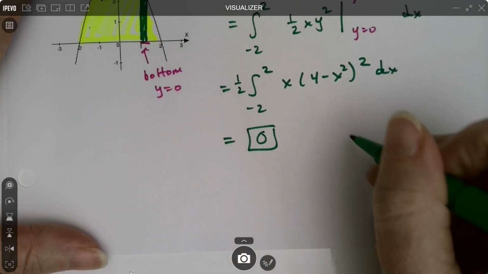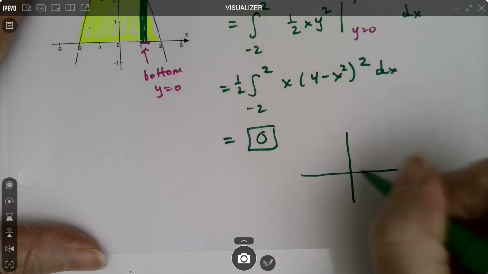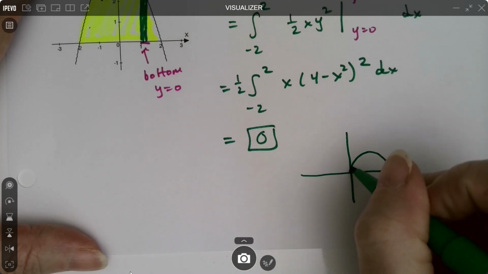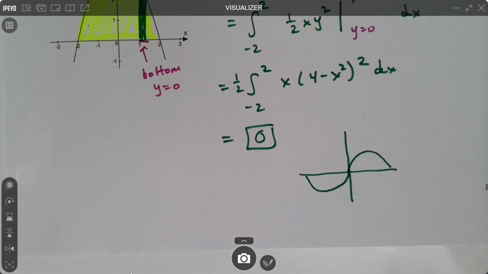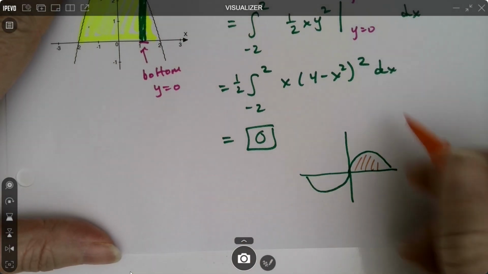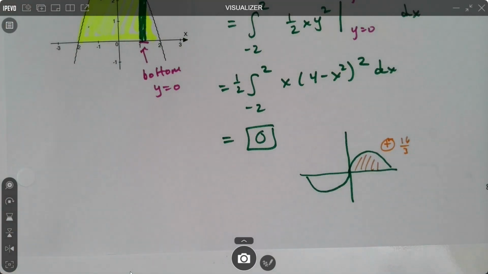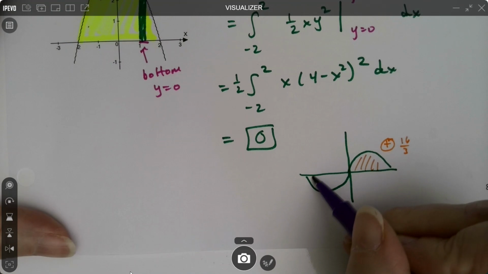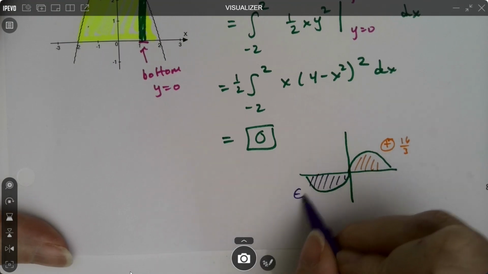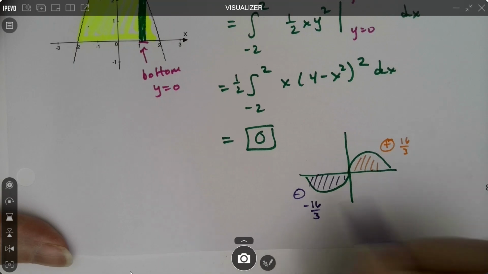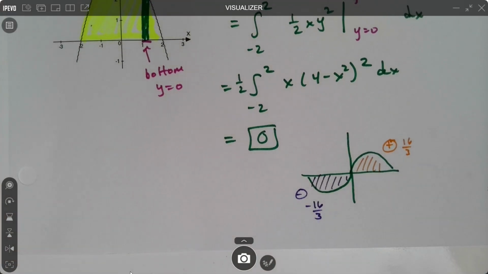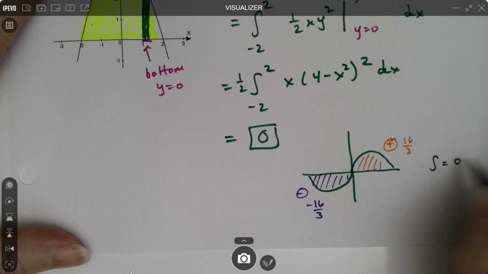We'll make a little diagram for ourselves real quick. So we had kind of a positive component and a negative component. The positive piece was over here, was positive 16/3, as a matter of fact. And then I'm obviously drawing this two-dimensionally when it's an actually three-dimensional thing, but you get the idea. So this was negative 16/3. And so when you add them all up, the integral of the entire thing was 0.